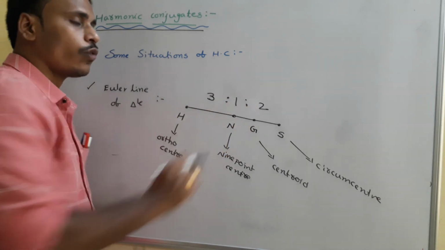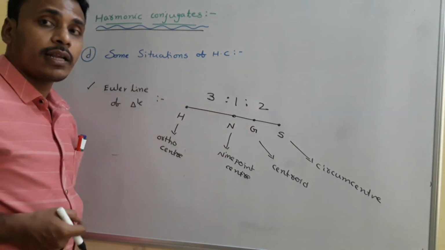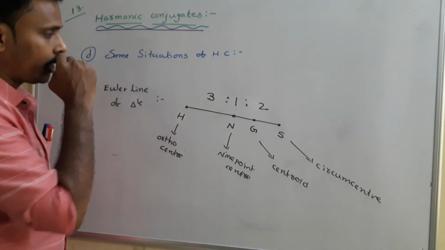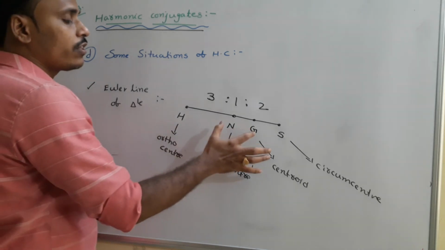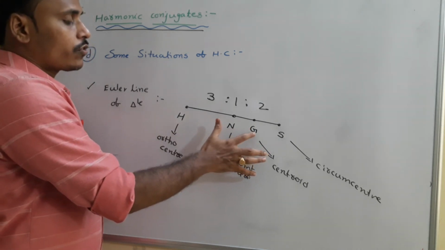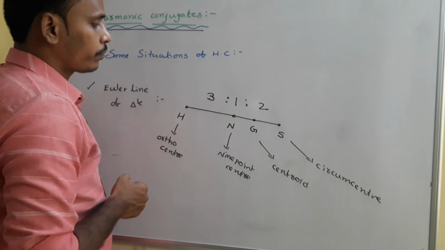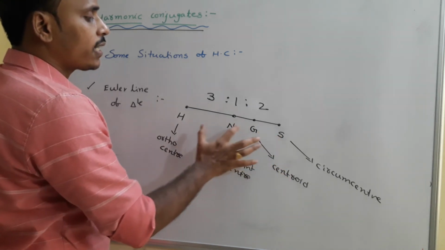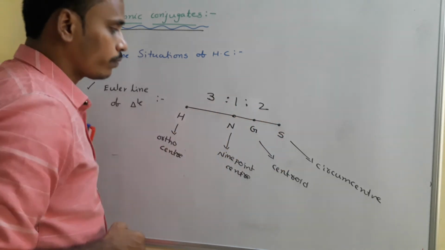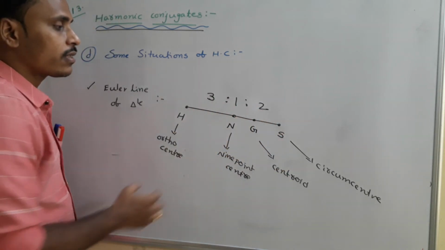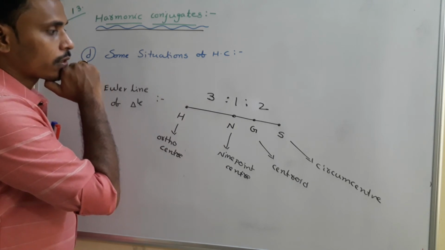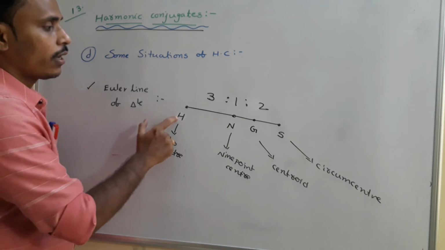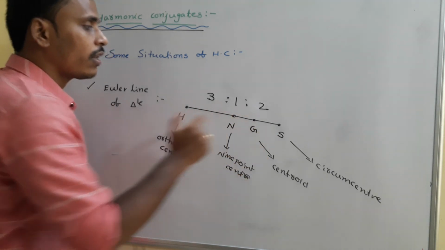Now when you look at this situation, we are identifying harmonic conjugates. First of all, this centroid G is dividing the 9-point center and circumcenter in the ratio 1:2, as well as this orthocenter is also dividing the 9-point center and circumcenter in the ratio 1:2.